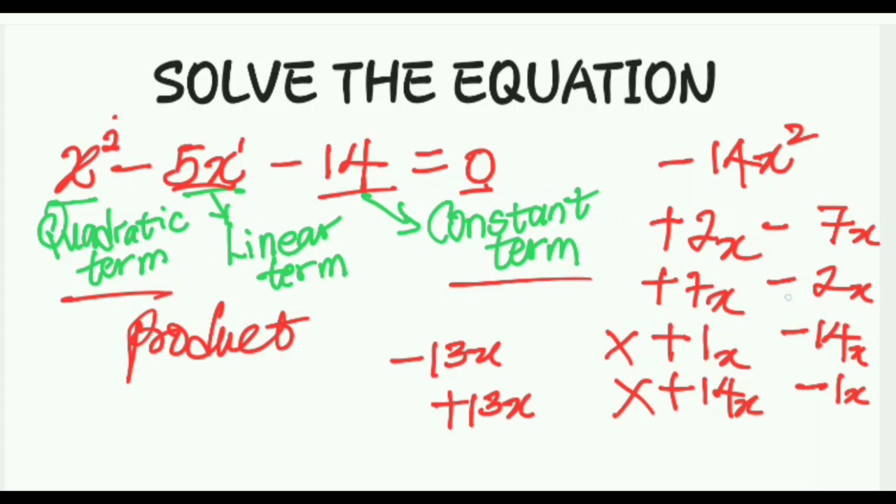Plus 7x minus 2x gives us plus 5x. That is not the same as minus 5x, so we take this out. Plus 2x minus 7x. I suppose that should be minus 5x. And that is the same as the value of the linear term. And so, among all of these factors, only this will fulfill the condition of a product of minus 14x squared and a sum of minus 5x.